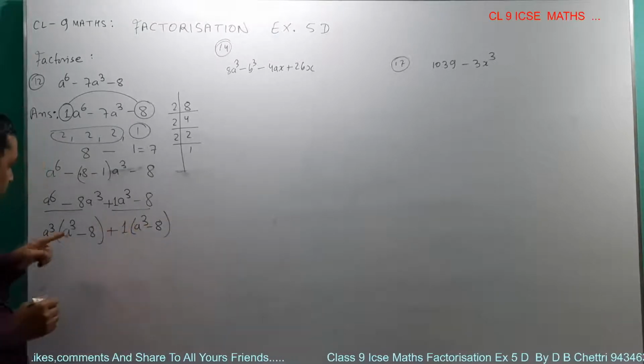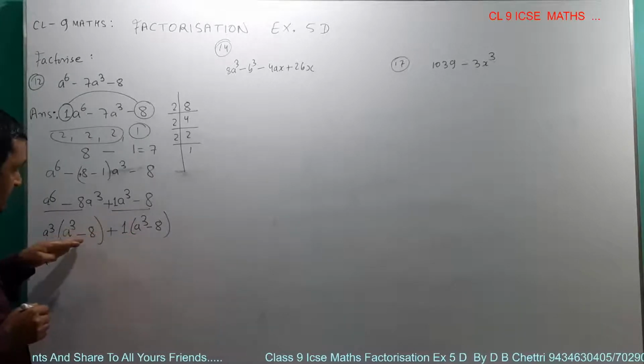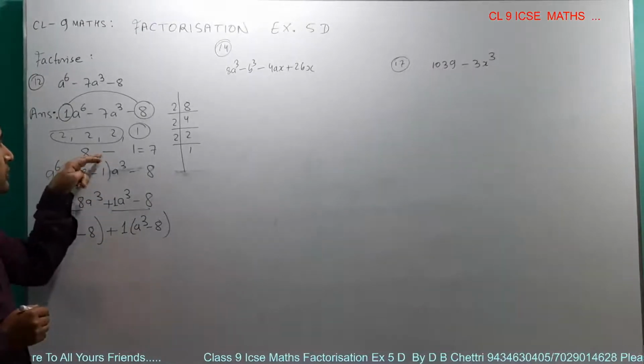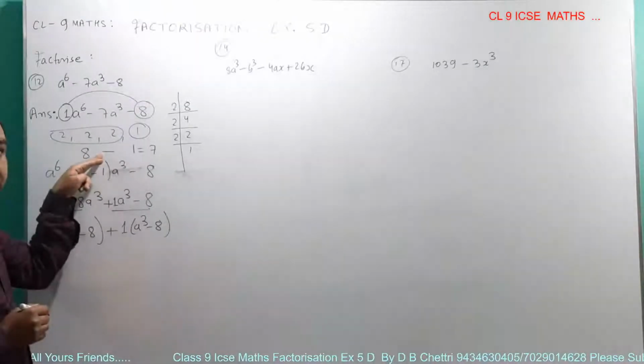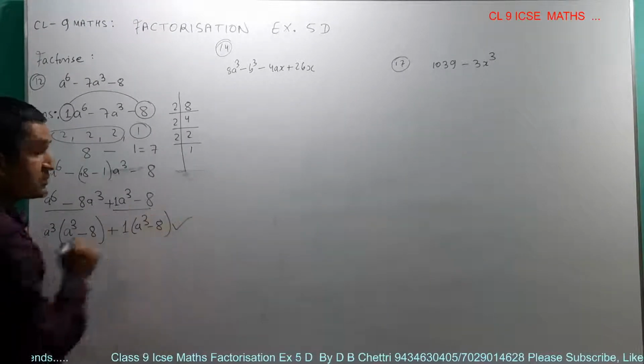Now see whether the terms within the brackets are the same or not. If the terms within the brackets are the same, that means our middle term splitting is correct.